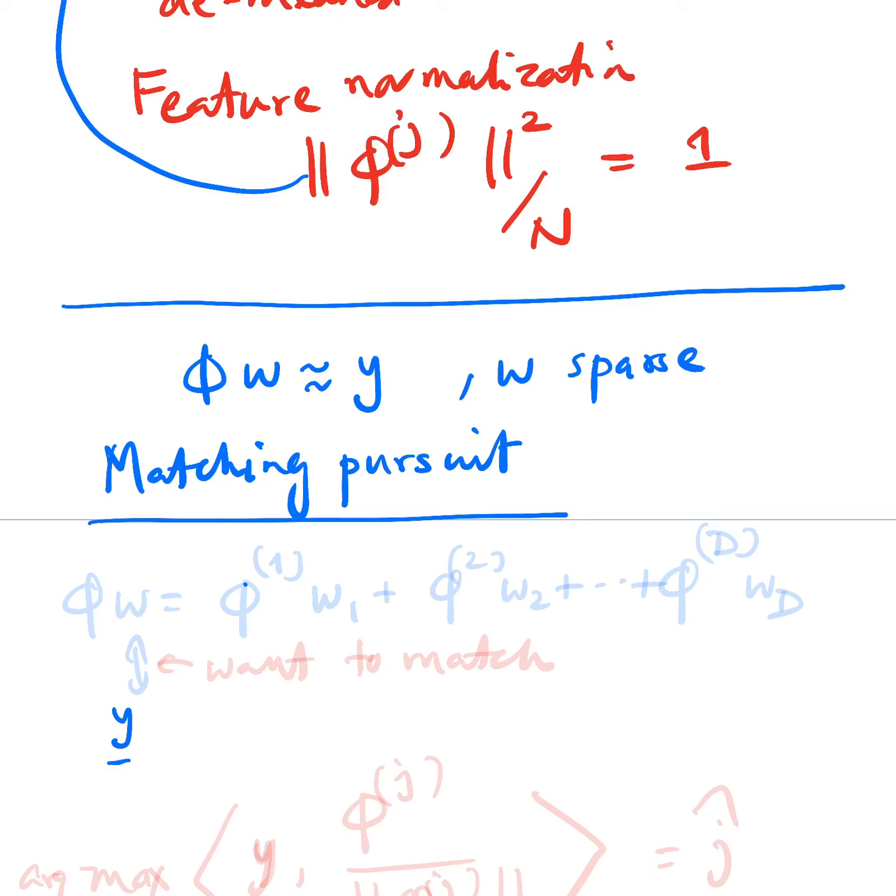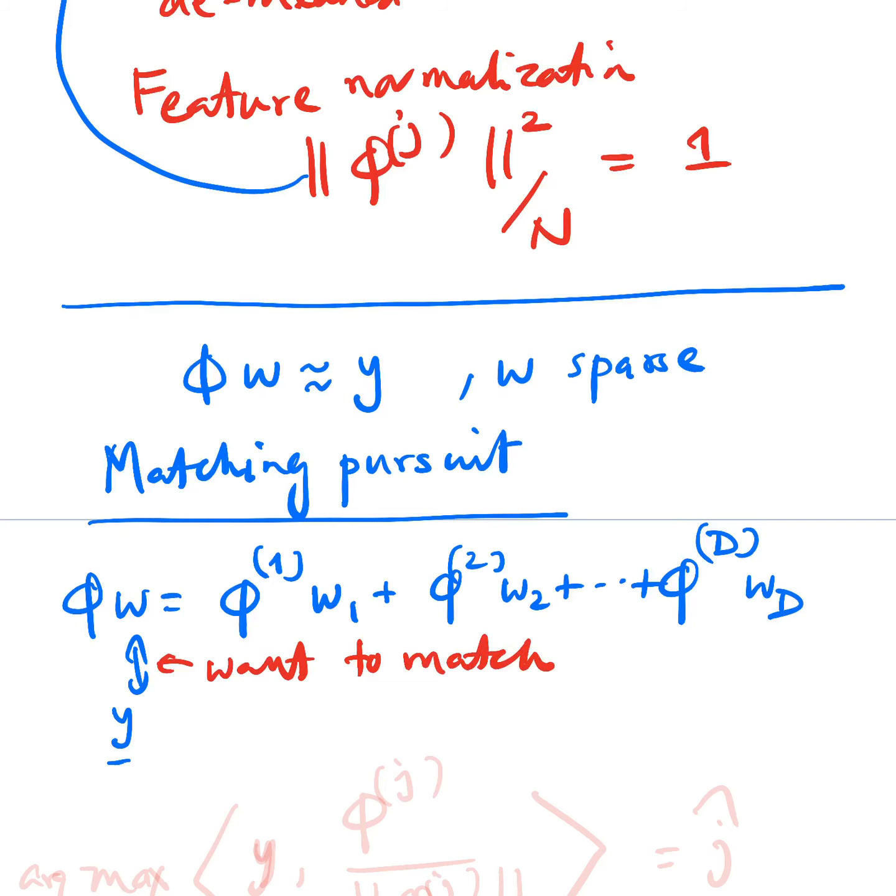It's the first column of phi times W1, second column of phi times W2, etc. I have D features, the dth column of phi times WD. That is my phi W, and I want it to match Y, right?